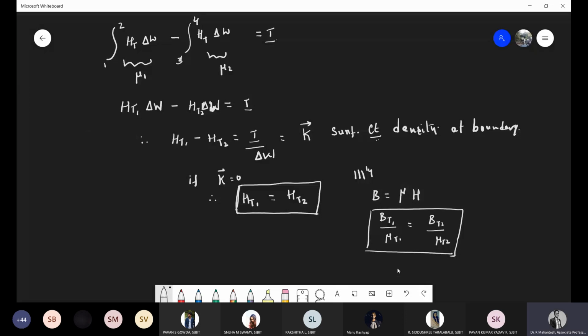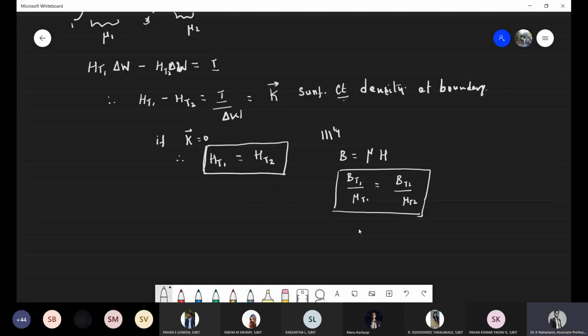So what is the observation here? Tangential components of H is same, correct? H is same on the boundary, whereas here, see here, mu1 and mu2 are different values. That means these two are in different mediums. Therefore, BT1 is not equal to BT2.